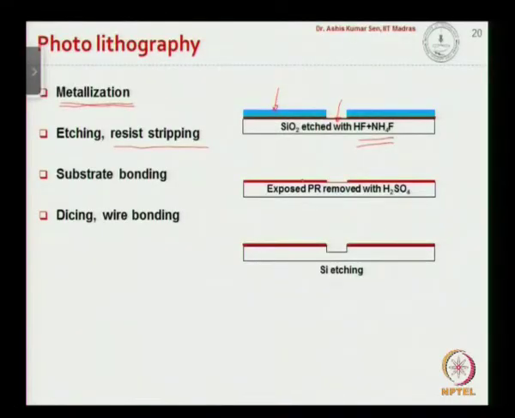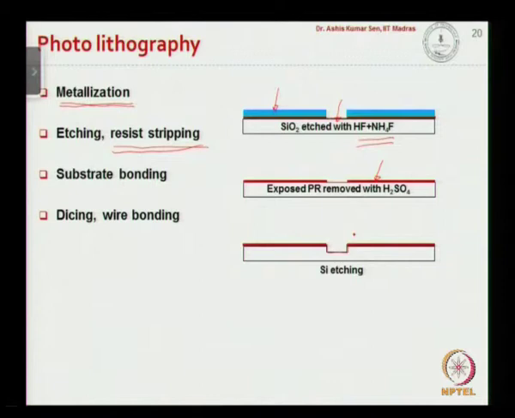The photoresist layer is stripped off, and this silicon dioxide, which is patterned because we have etched it, is acting as a mask for etching the silicon. So here silicon is etched using bulk micromachining.